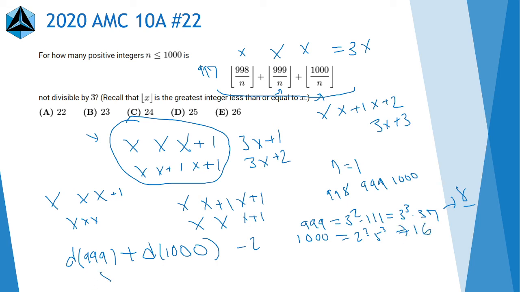So our answer is 8 plus 16 minus 2, which is 24 minus 2, equal to 22 values of n that work. So it's going to be A. That is how you do that particular AMC problem. It's just testing some values and seeing when this function shifts.